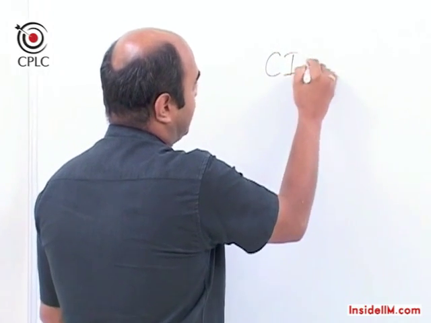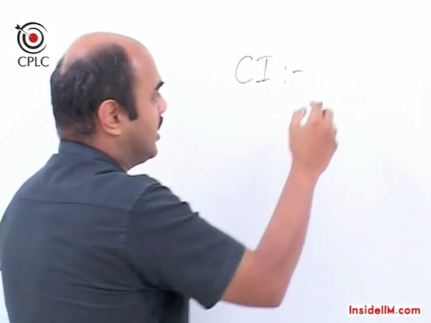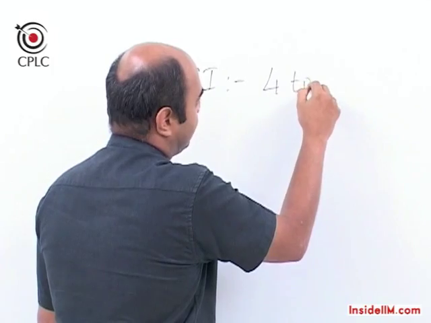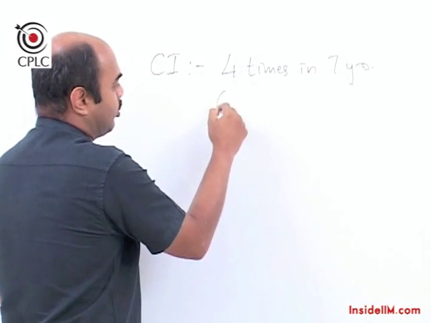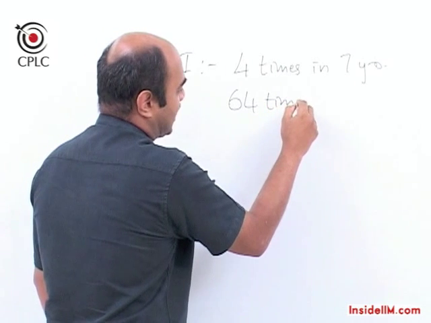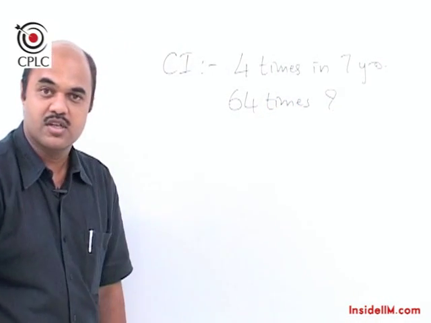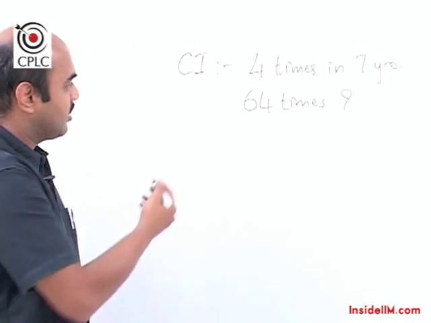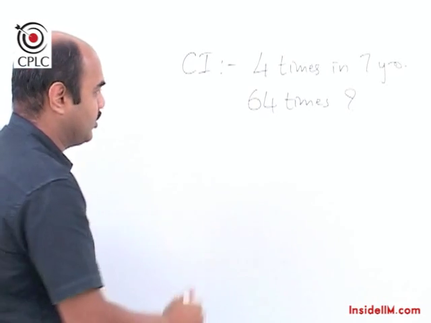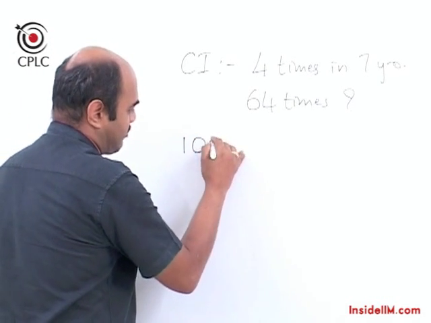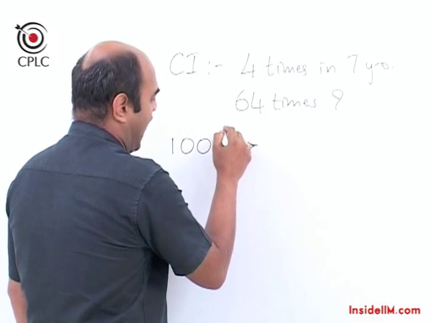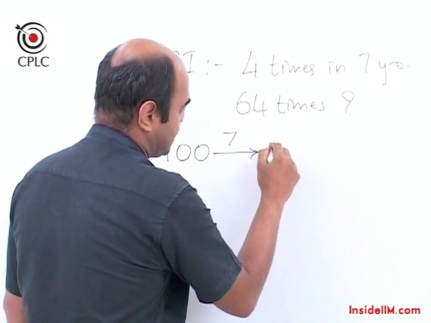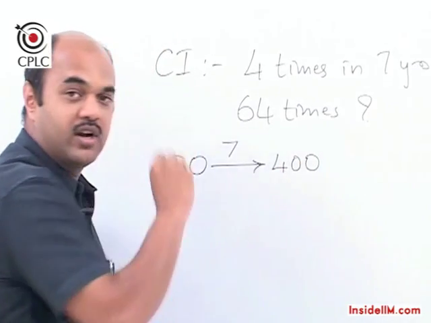So if in a compound interest situation a sum of money becomes 4 times in 7 years, in how many years would it become 64 times? The way we would approach this question is, suppose the sum of money was rupees 100, then after 7 years this amount would become 400.